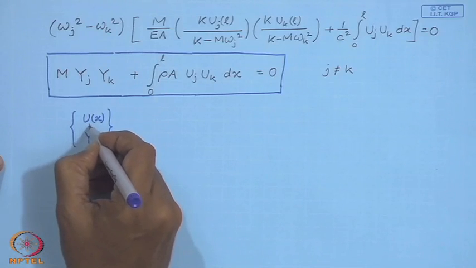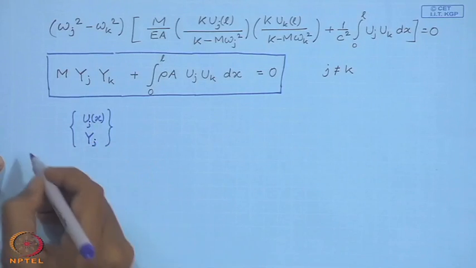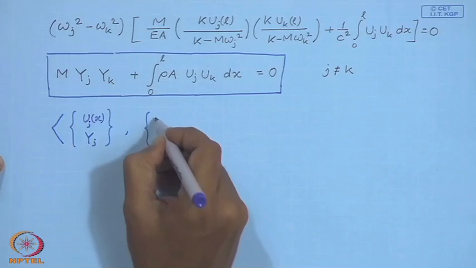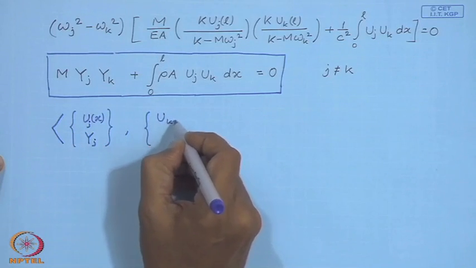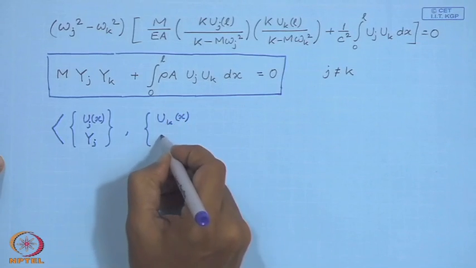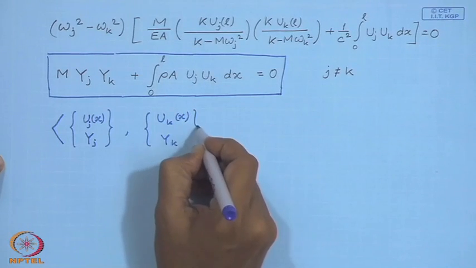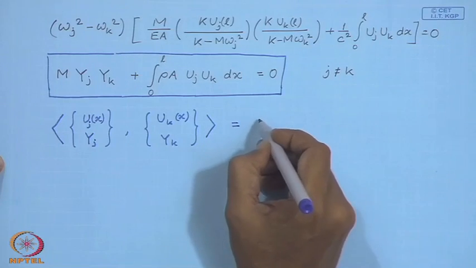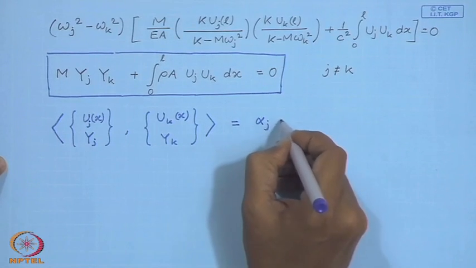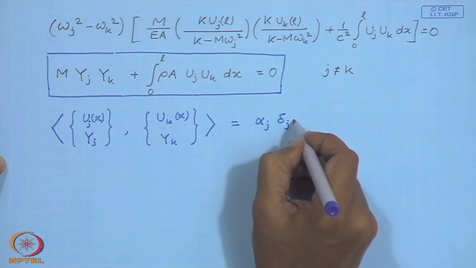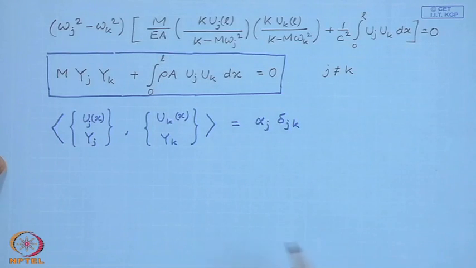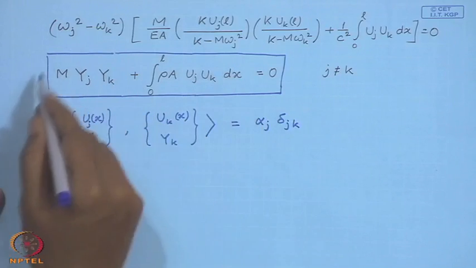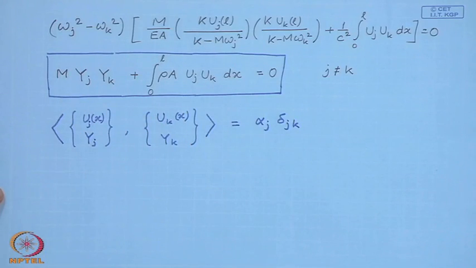So, here we would say we will write the inner product in this form, where the inner product is now defined in this form.